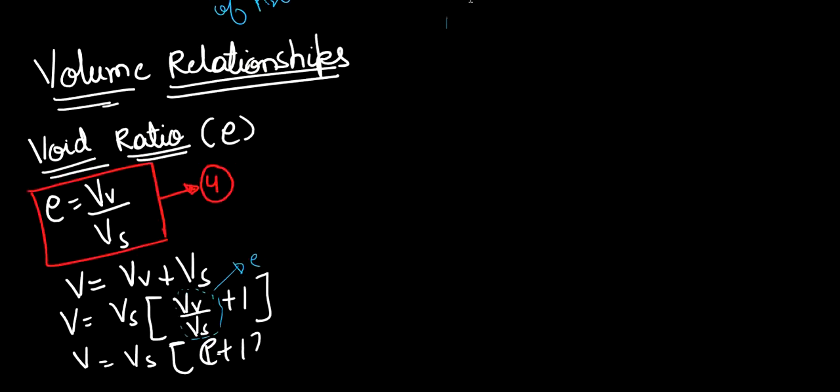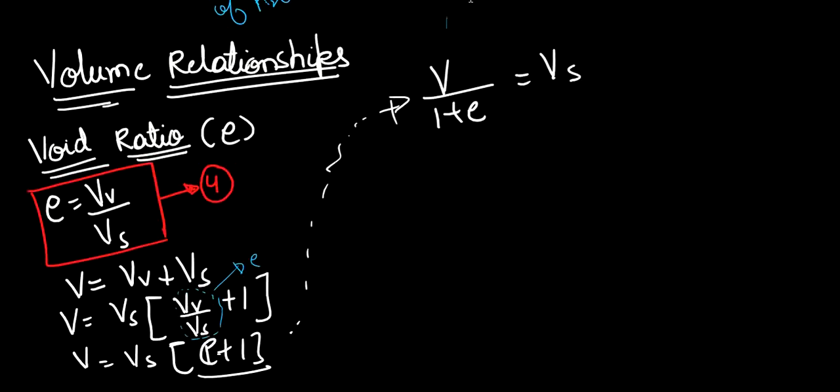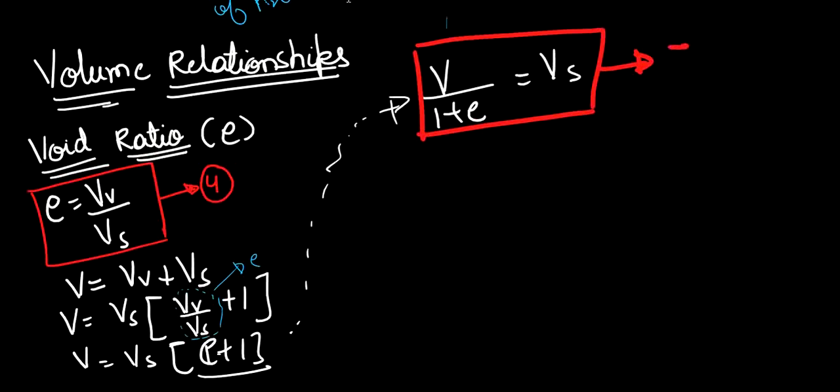If I shift this term to the LHS, I will be getting total volume of soil sample upon 1 plus E is equals to volume of soil solids. Let's number this relation as the fifth one.